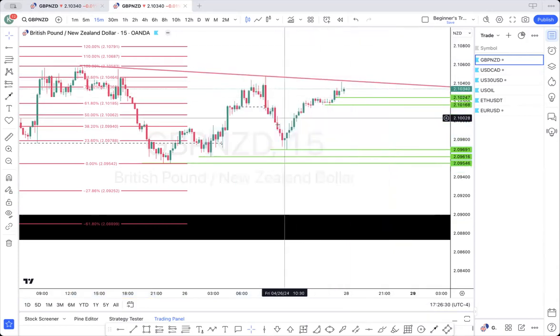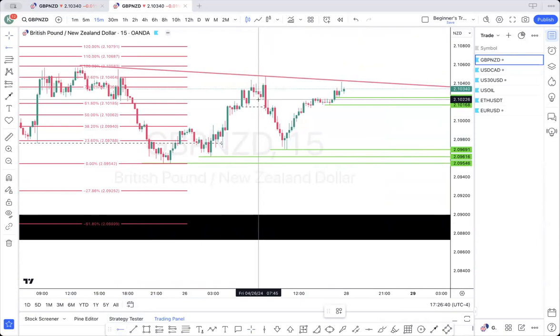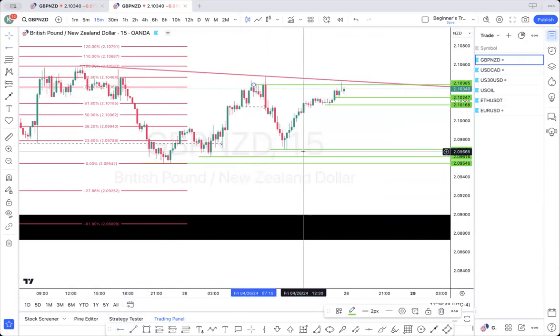You can either look for the imbalance, the order block, the last institutional candle. This one came back to the wicks of that order block.